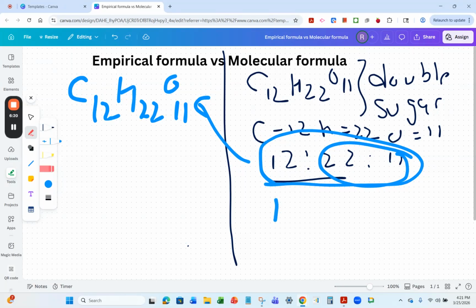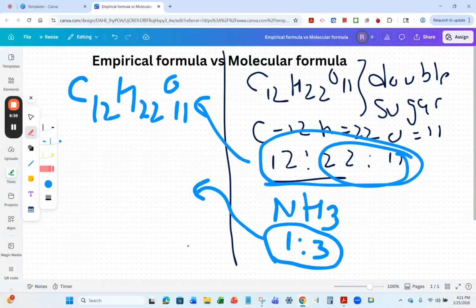Let's take one more example. NH3 is ammonia, present in your Windex we use to clean the glass. So what's the atomic ratio here? It's 1:3. Can we simplify this ratio further? No, we cannot. So the ratio remains the same. Then what's my empirical formula?